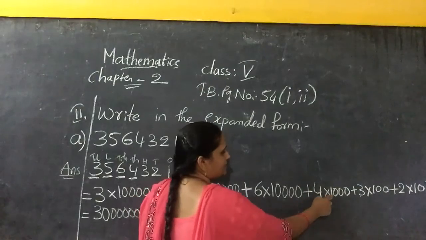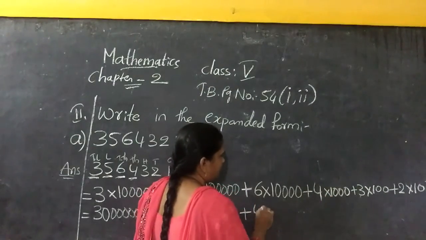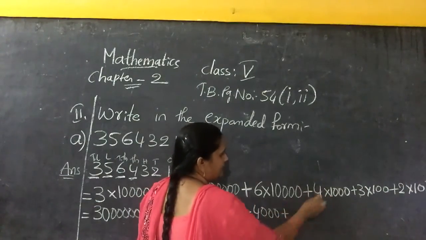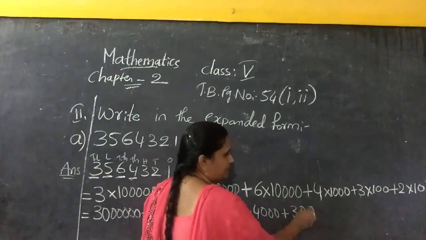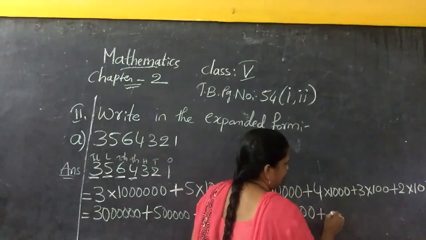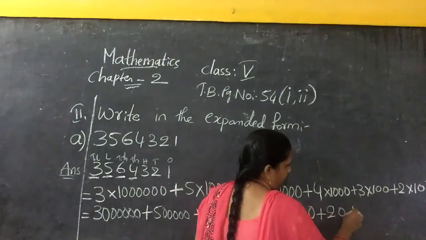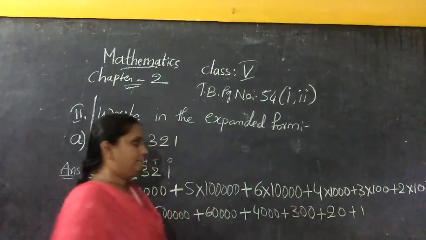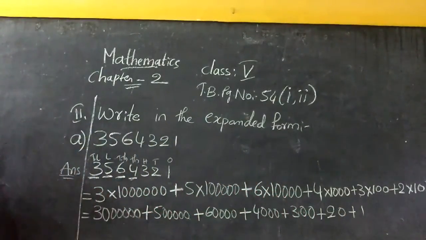Next 4, 4 ones are 4 and 3 zeros. Plus 3 ones are 3 and 2 zeros. Plus 2 tens are 20 plus 1.